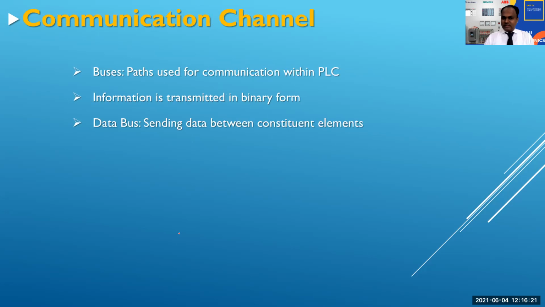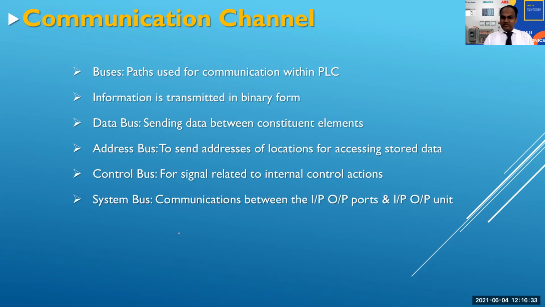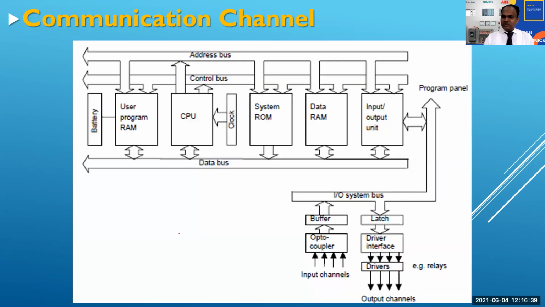Data bus, sending data between constituent elements. Address bus to send addresses to locations for accessing stored data. Control bus is for signals related to internal control action, and system bus is communication between input output ports and input output units. So this is the diagram of the communication channel. You'll see here there is an address bus, which is communicating addresses.